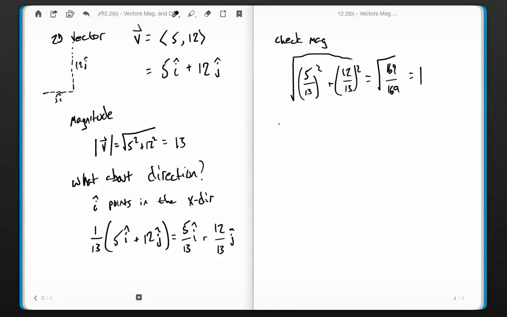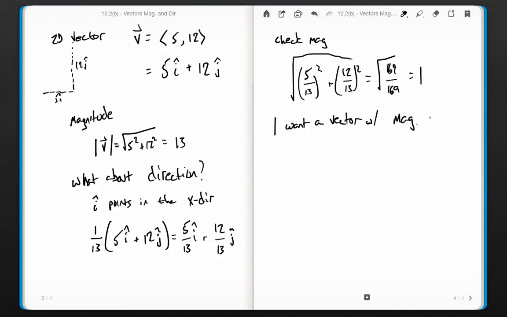If I needed a new vector with a magnitude of 100, I need a big vector pointing in the same direction, the v direction.